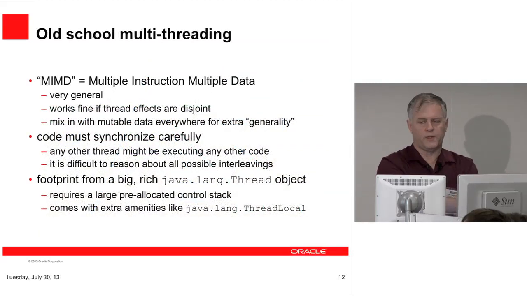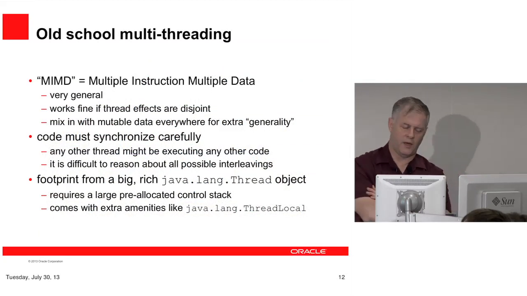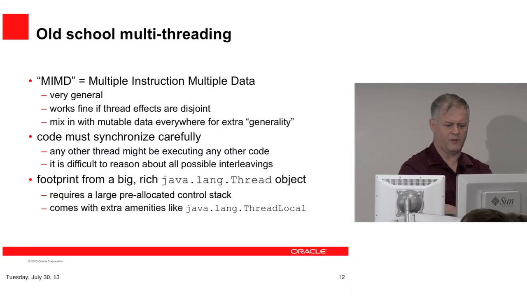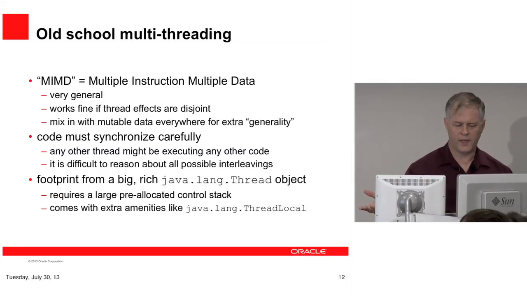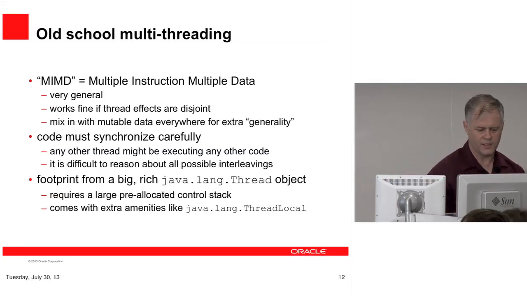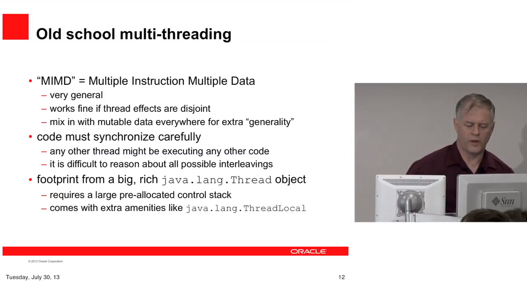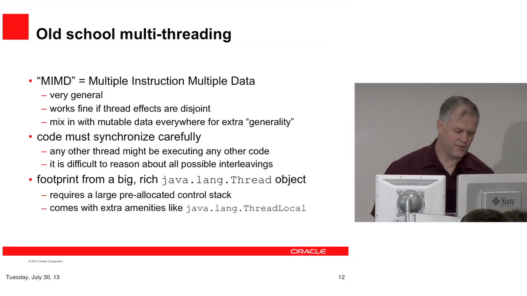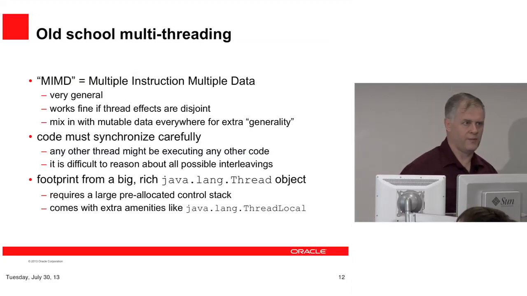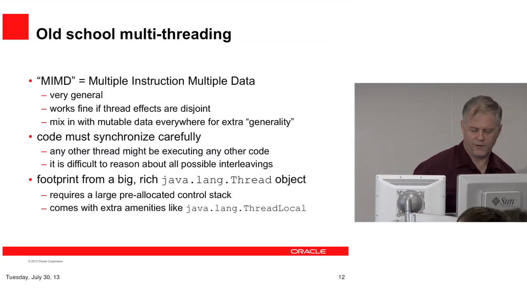But this is old school multi-threading, and we call it MIMD, multiple instruction, multiple data, which is like, what else would it be? But it's the opposite of SIMD, obviously. It's very general. It works okay if you jigger the example so that you're actually doing completely different things in your VM. But if you really want extra power and generality, then have them work on mutable data that sometimes is read across thread boundaries, and things get really powerful then.